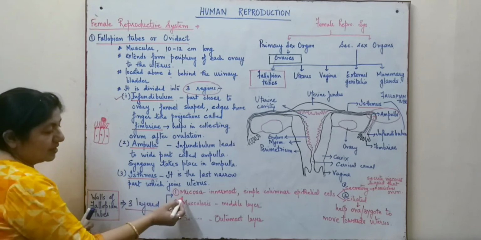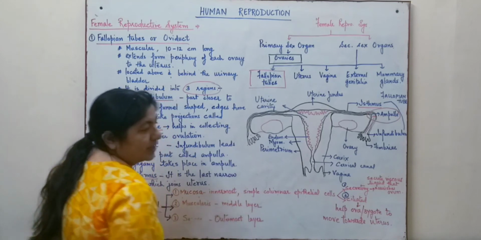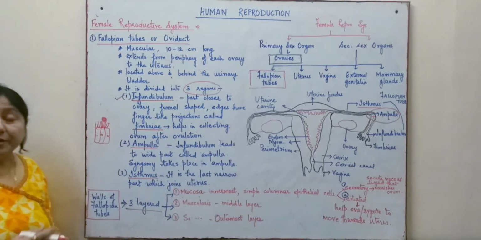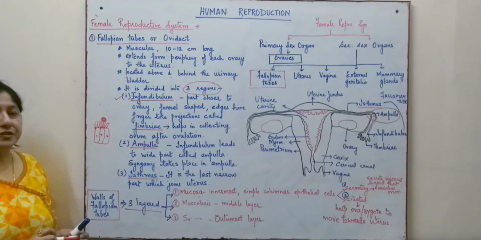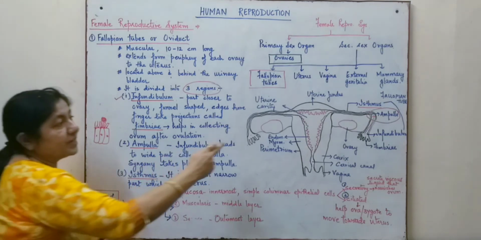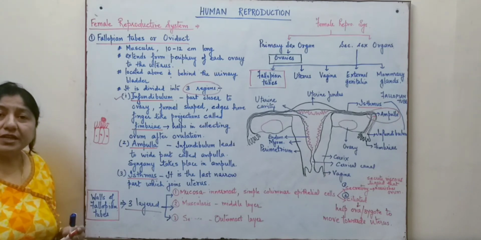So the mucosa, the innermost lining, helps in secreting the liquid that nourishes the ovum. Also, it facilitates the movement of the ovum, or the zygote if formed after fertilization, through the fallopian tube to reach the uterus, whether or not fertilization has taken place.